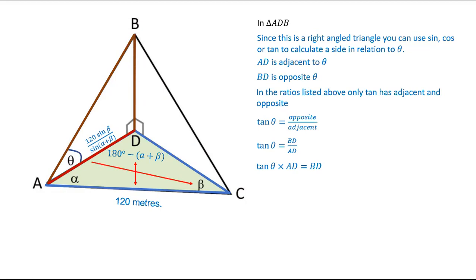And therefore, if I want to solve for BD, all I did was to multiply both sides by AD, like I've done in the previous slide. I will end up having BD equals tan theta times AD.